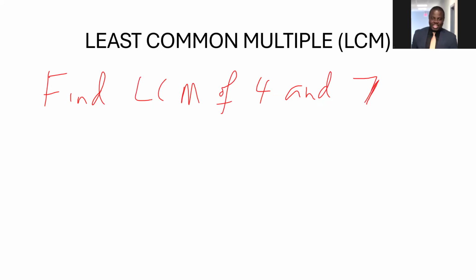So to find the least common multiple, remember, when you hear the word multiple, you're thinking of multiplication, right? A multiple of a number means that you are multiplying the number by a number of times.